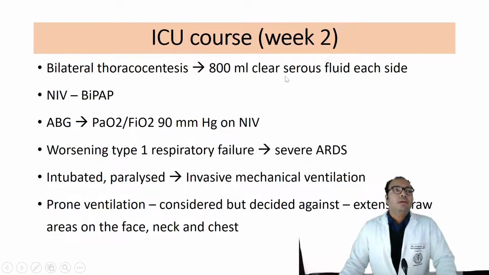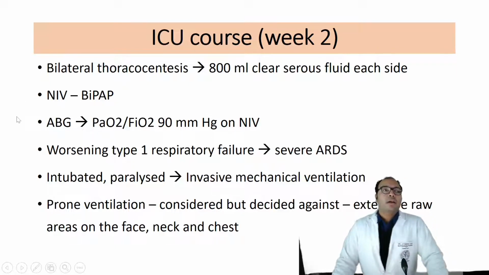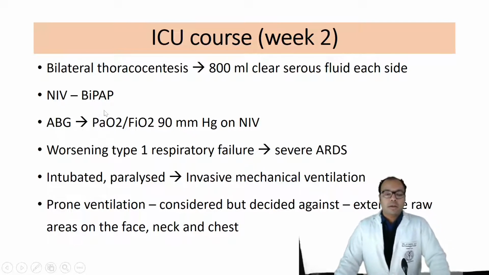In the following week, because of the bilateral pleural effusion with increased oxygen requirement, we performed bilateral thoracocentesis and drained around 800 ml of serous fluid from both sides. However, the patient's respiratory status worsened and we had to employ non-invasive ventilation for a brief period.